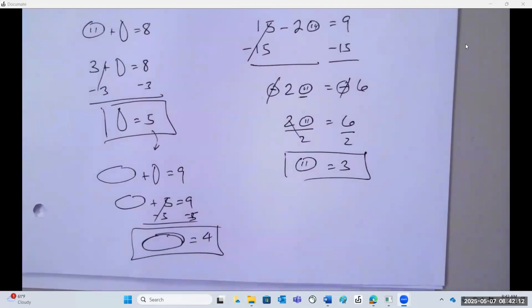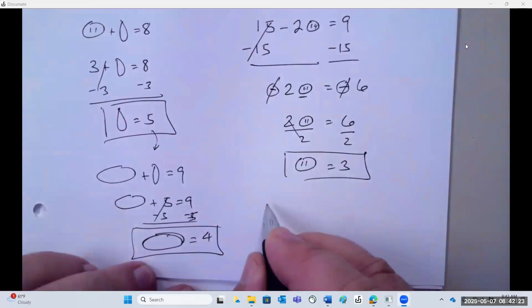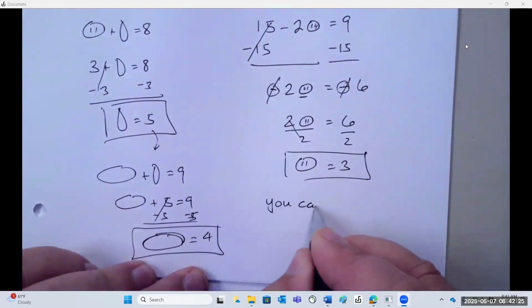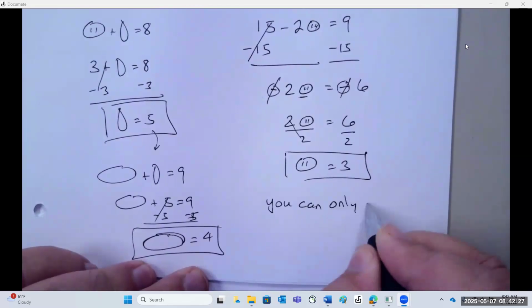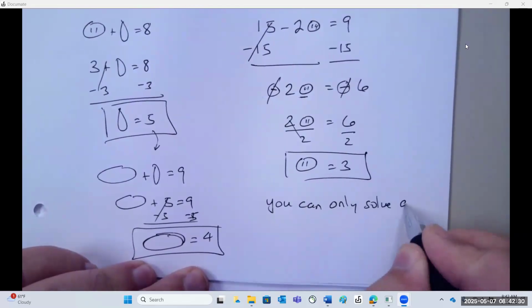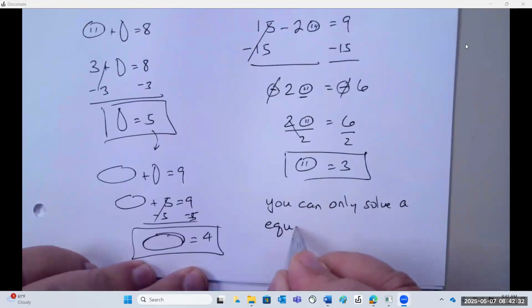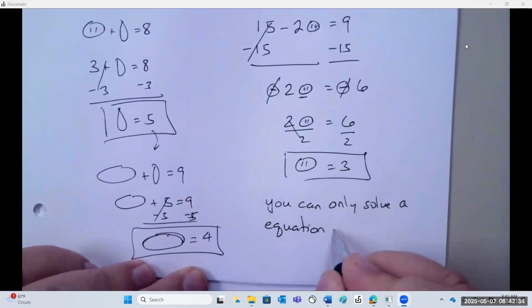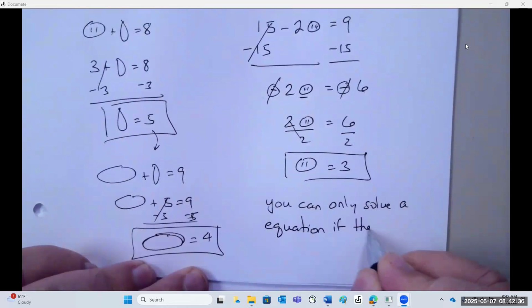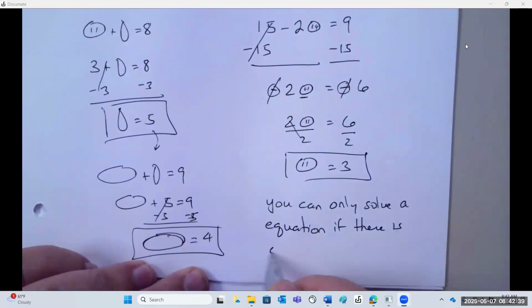Again, you don't need numbers to begin with. You don't need equations to begin with. You can make them with diagrams. But the objective is you can only solve an equation if there is only one unknown.